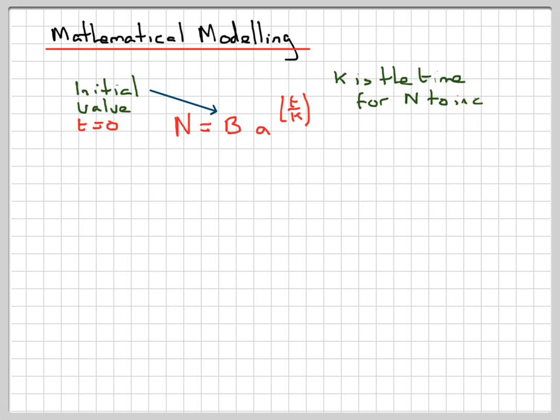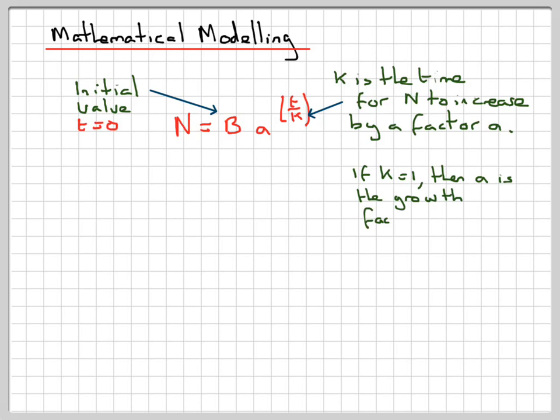K is the time for N to increase by a factor of a. In a lot of cases k will just be equal to 1, therefore it won't exist in the formula. Later we'll do another example where k is equal to a quarter, because it increases every 15 minutes. If k is equal to 1, then a is the growth factor.